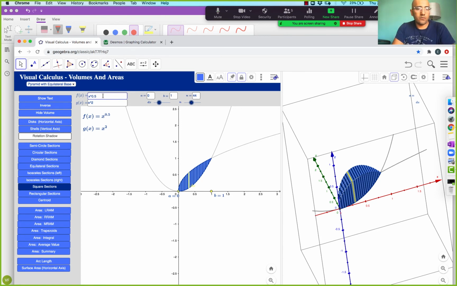This is going to be equal to, it's not going to like the R. One minus x to the second power, to the power of 0.5.